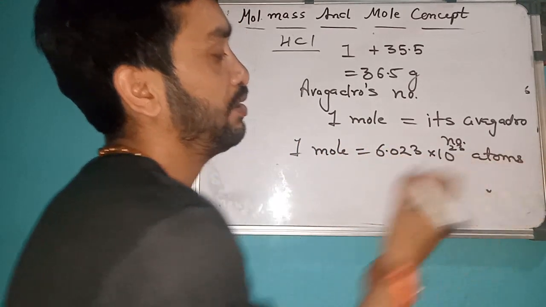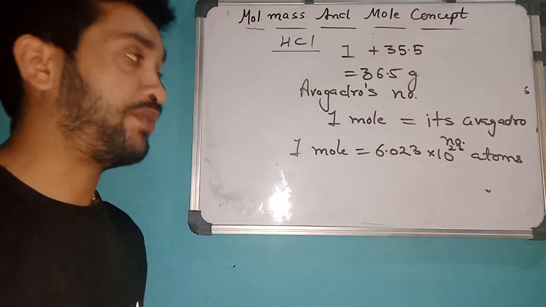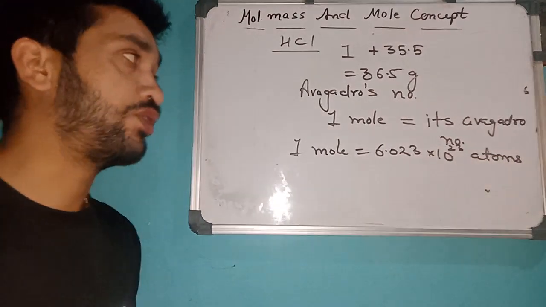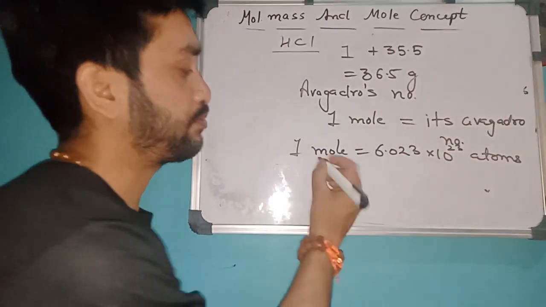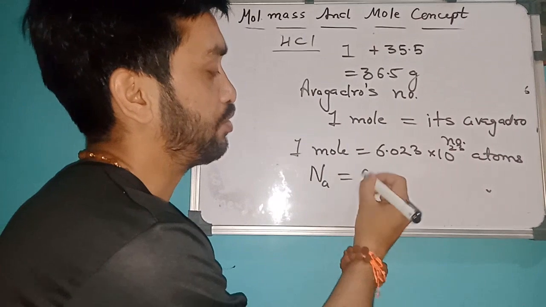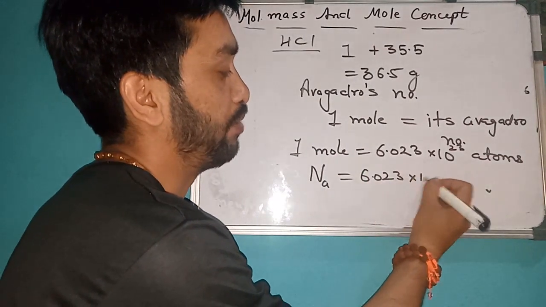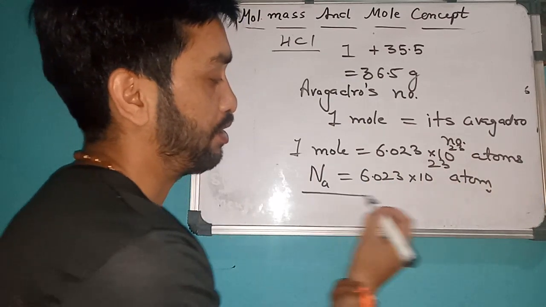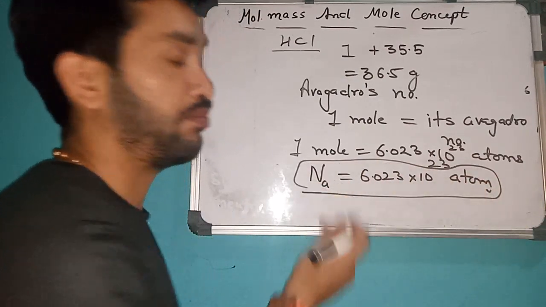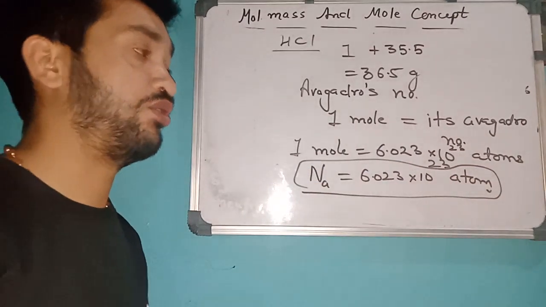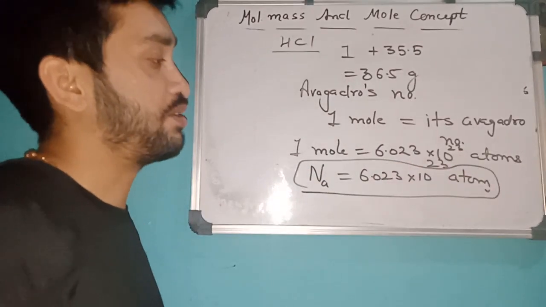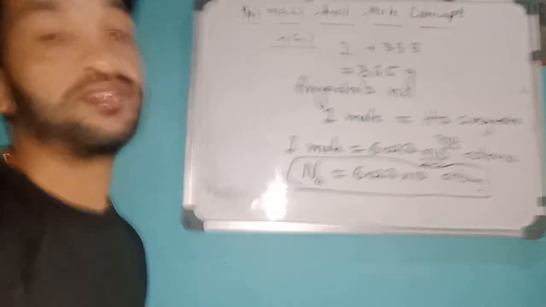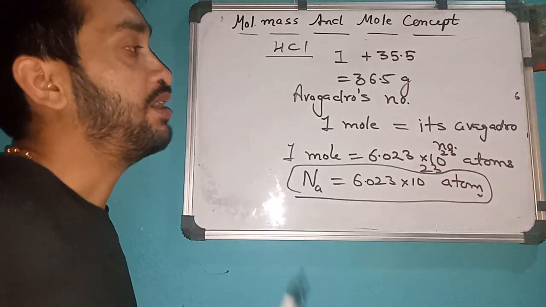This is the thing which you have to memorize: in 1 mole there are 6.023 into 10 to the power 23 atoms. Also we can say that Na is equal to 6.023 into 10 to the power 23. This is the way to write Avogadro's number, and that is the answer for 1 mole. For every compound and every element, 1 mole contains 6.023 into 10 to the power 23 atoms.